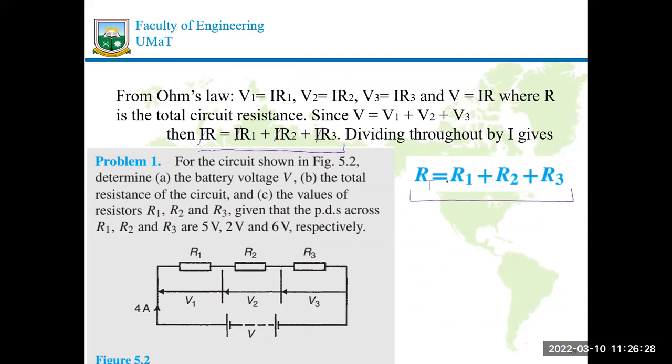It's also correct. So we have a problem here. We've been told to determine the battery voltage and the total resistance in the circuit, and to find the values of the resistances R1, R2, and R3, if we know the voltage drops across the three resistors respectively.